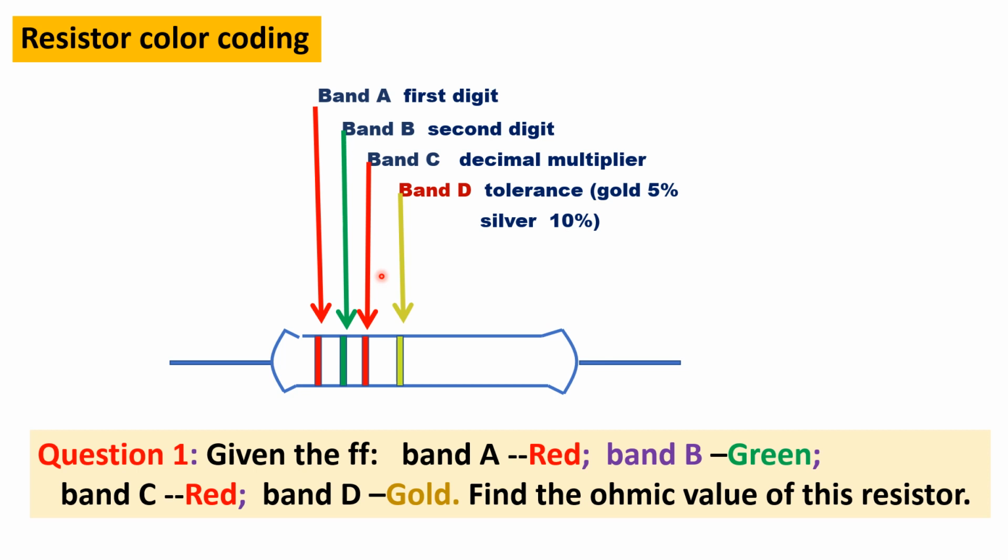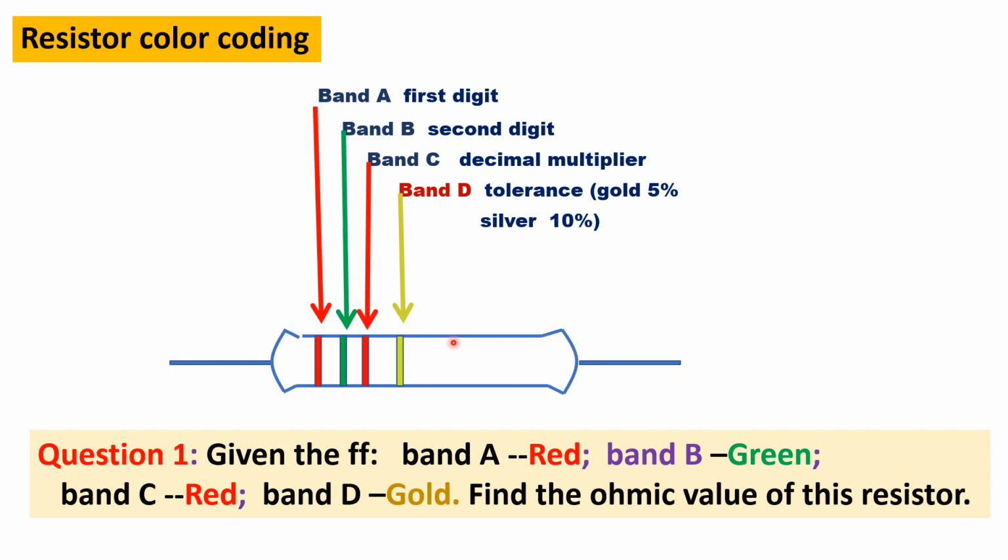All right. So if you notice the way the color bands are printed on the outside coating of a regular carbon type resistor, you will notice that the first three color bands are closer to each other, and they're closer to one end of the resistor, the left end usually.